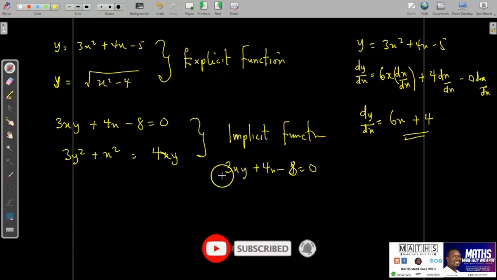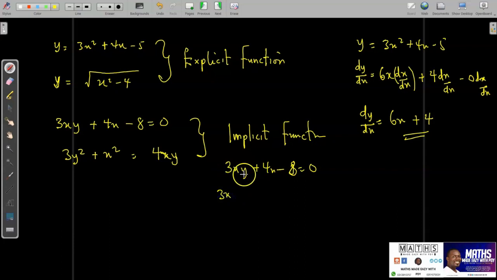Now, you maintain the first function because you are using the product rule here. So if the first function is 3x, then it means you are going to have 3x multiplying the derivative of y. Remember, y is a different variable. So differentiating y, it should go with dy dx because you are differentiating with respect to what?